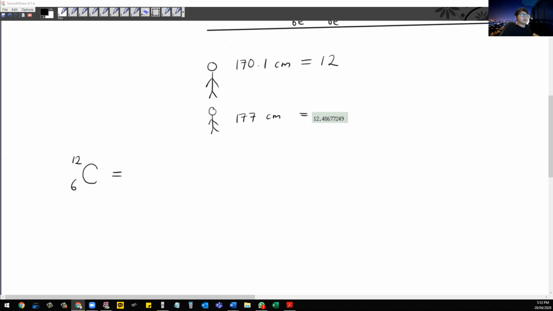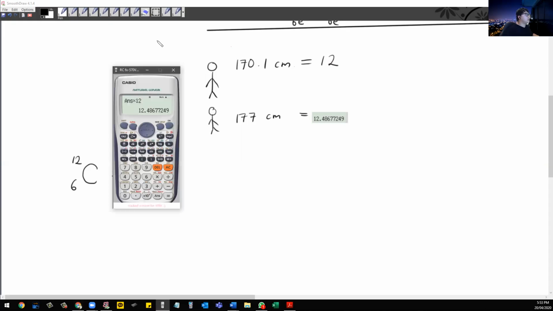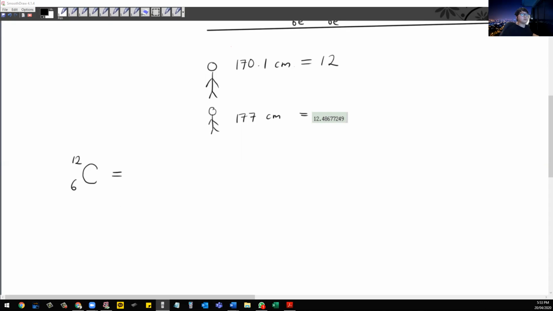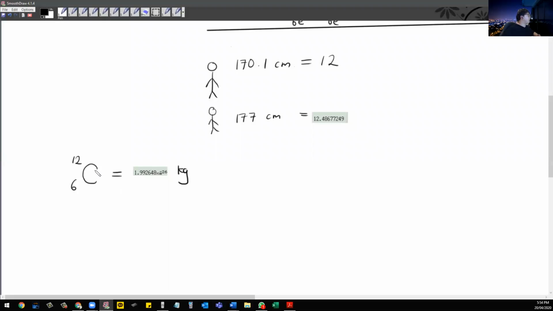And I get, let me just derive that. Just give me a minute. So carbon 12 has that much mass in kilogram.